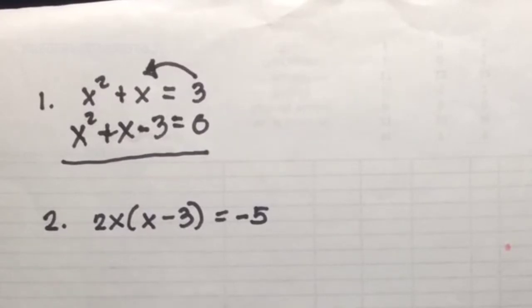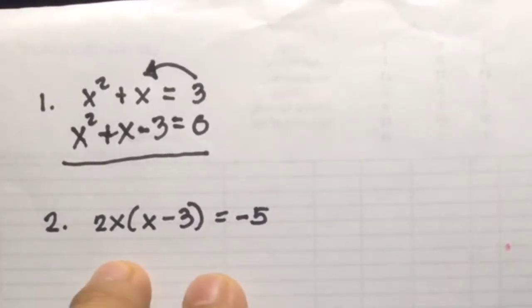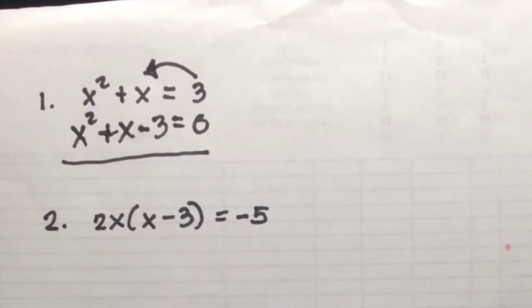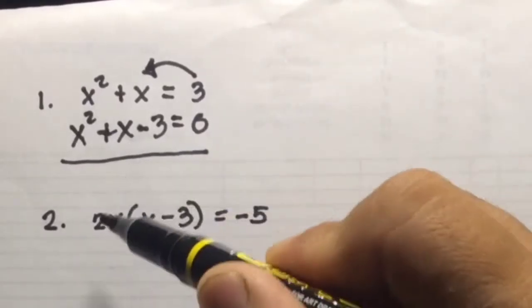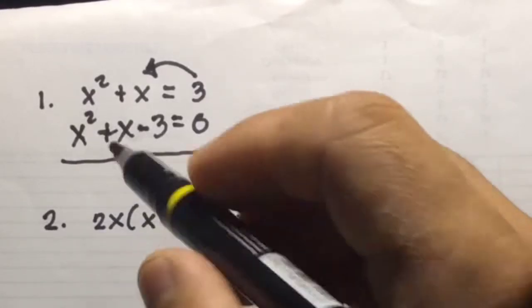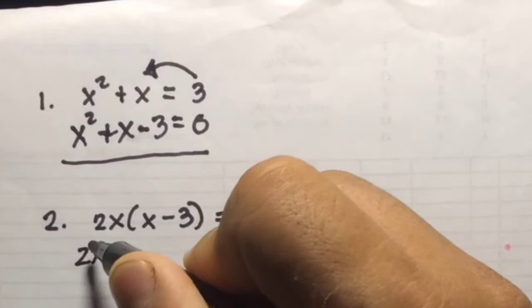Then for number 2, 2x times the quantity of x minus 3 equals negative 5. So this is a quadratic equation not written in its standard form. What we're going to do first is operate on the left side. So 2x times x will be 2x squared.